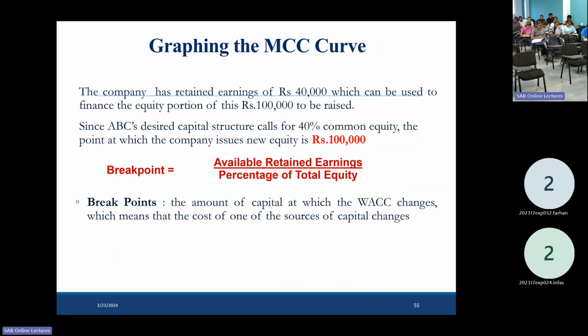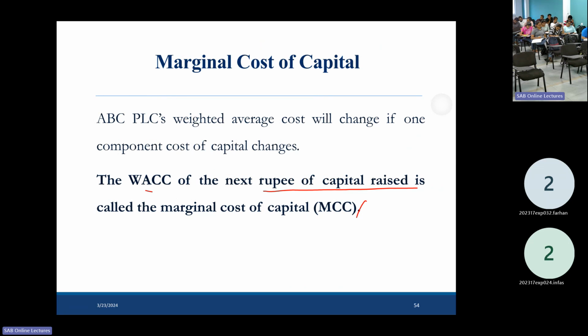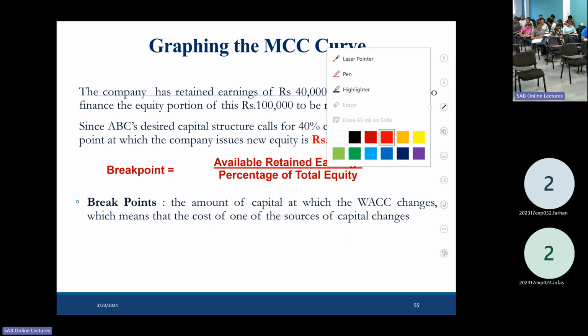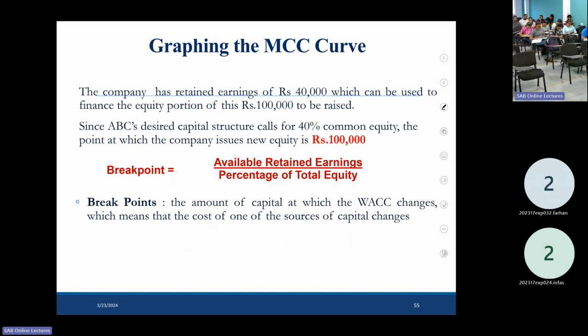Suppose that the available retained earnings of the company is 40,000. Company available retained earnings 40,000.